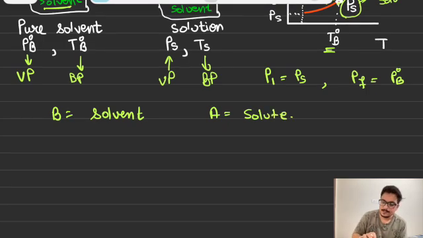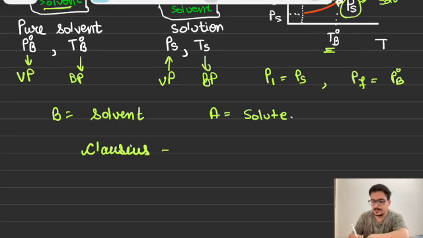Okay. So in such a case, we can use the Clausius-Clapeyron equation.